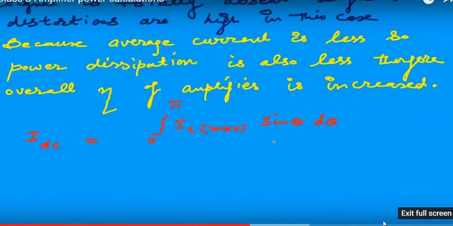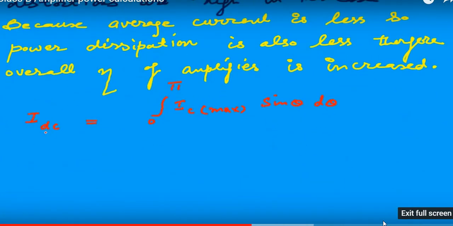Now we will find the average current flowing in the output, because only one half of the signal appears at the output. So the total voltage of the half cycle is calculated from 0 to pi, because from pi to 2 pi there is no output.